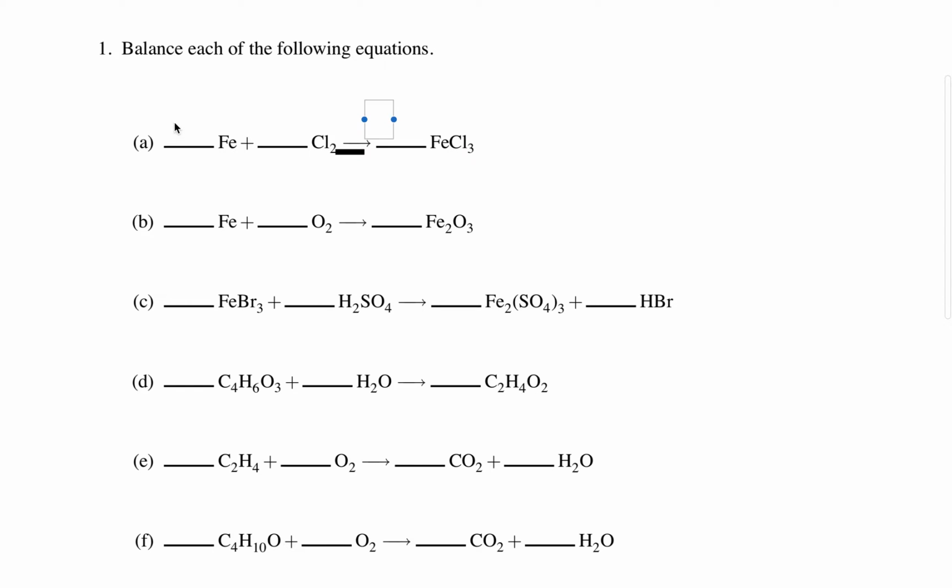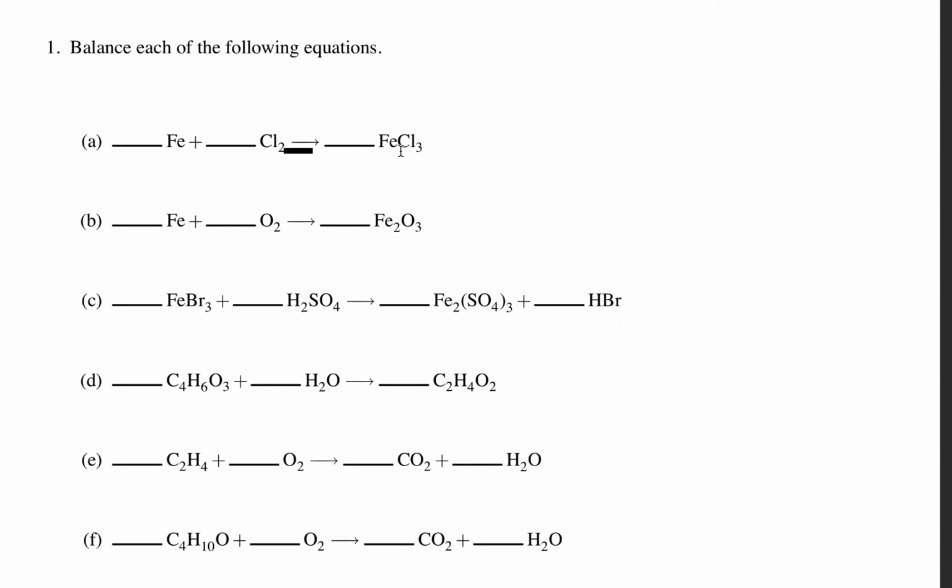So I want to make sure there's an even amount of atoms on both sides. You might remember this from the law of conservation of mass lab. Mass cannot be created or destroyed. So we want to make sure a chemical equation is balanced because that shows us that we have not created or destroyed matter and that it stays exactly the same.